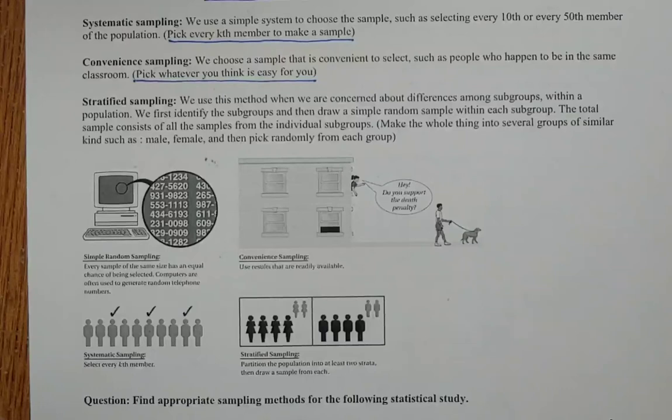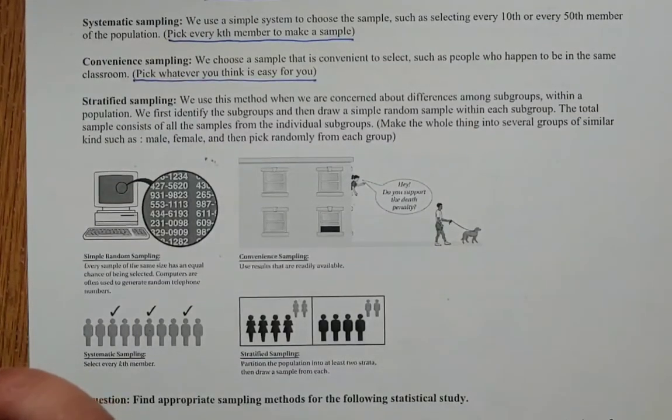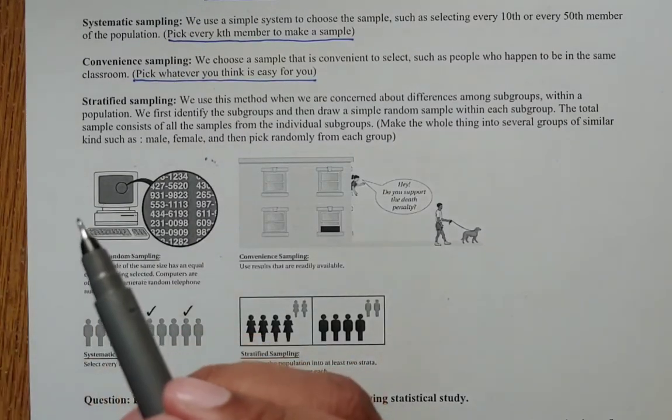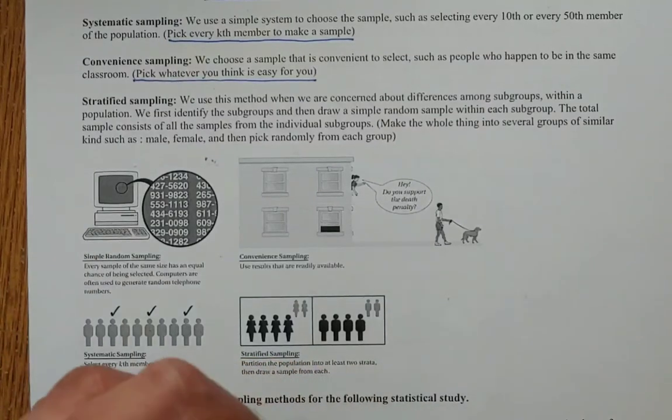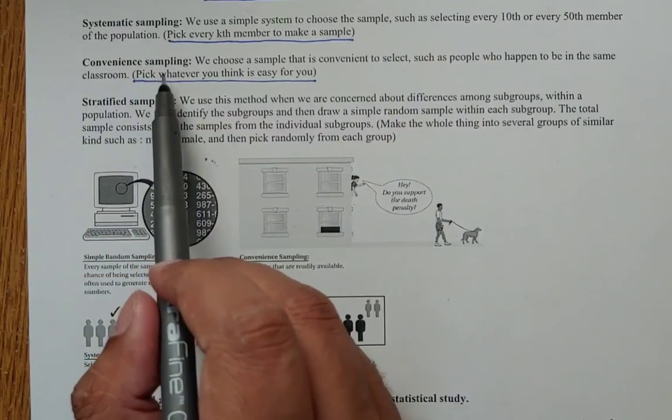I don't want to go out and ask everybody or get some random sample. I'll just ask the students who are in my class, because that is an easy way to collect the data for me, right? So I don't go anywhere. I don't do any specific thing. I just ask the students from my class, because it is an easy way to get the sample. If you collect the sample in that way, this is called convenience sampling.